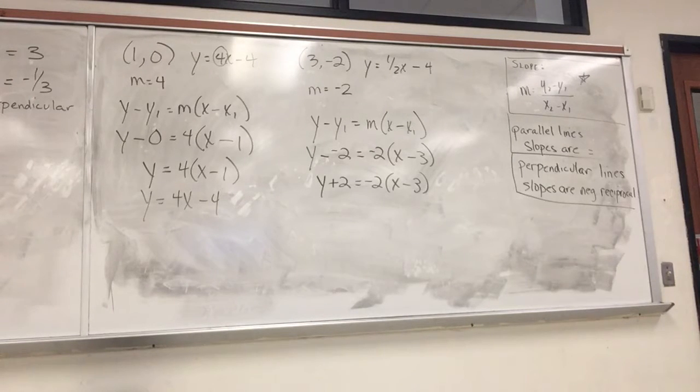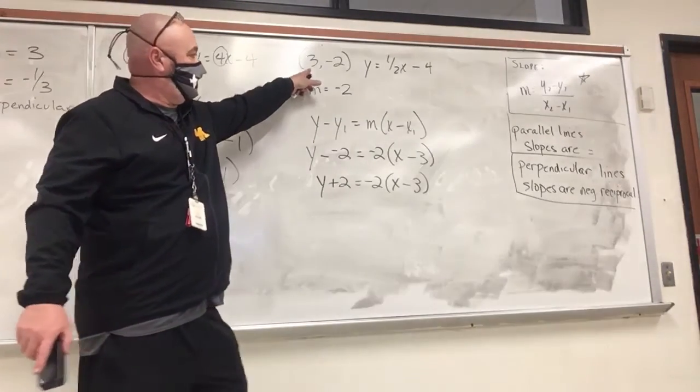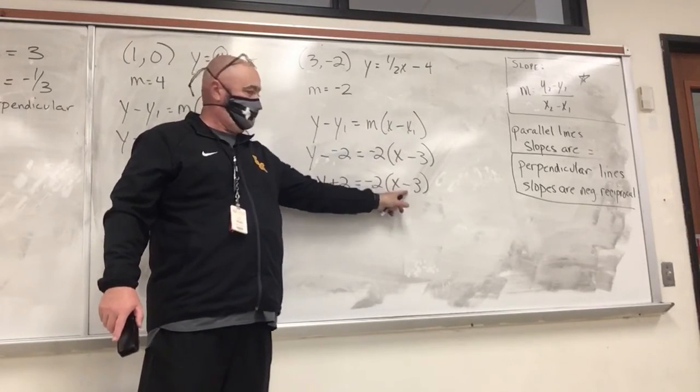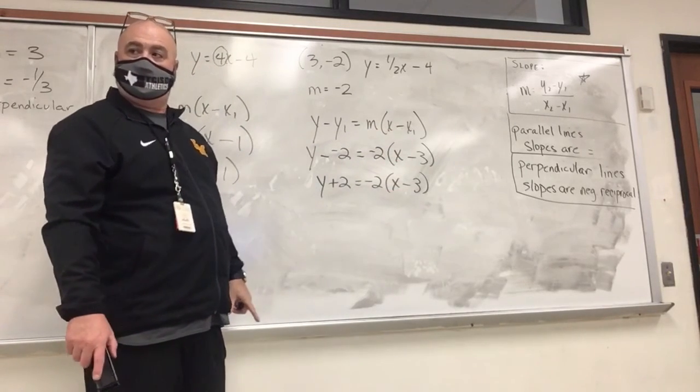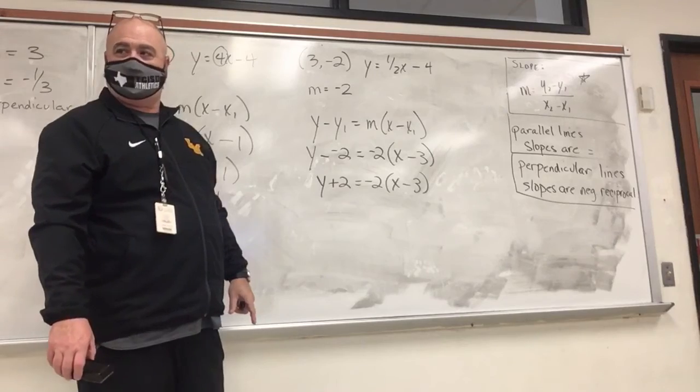If it's minus, you just leave it minus. Why is it -3? Because 3 is here, and that minus just comes down. Does that make sense?